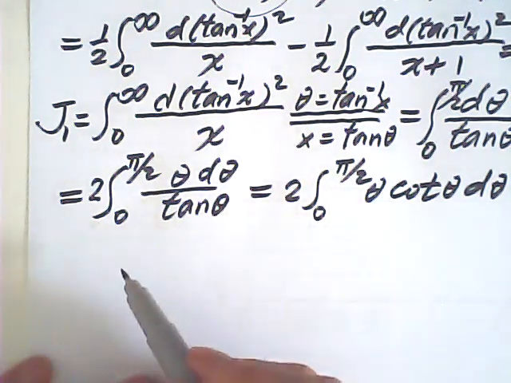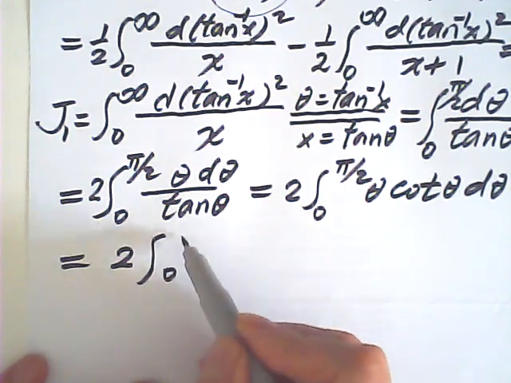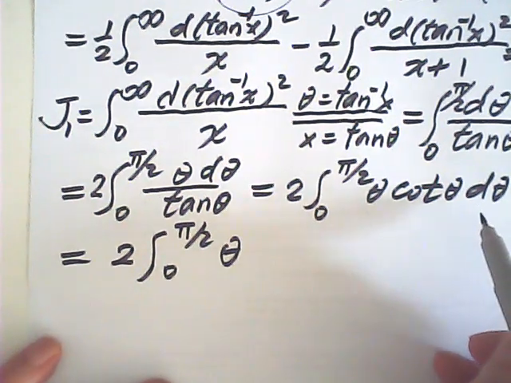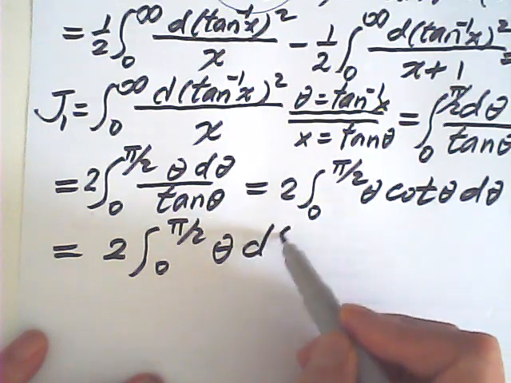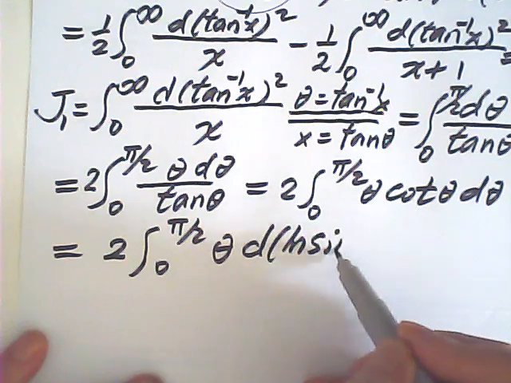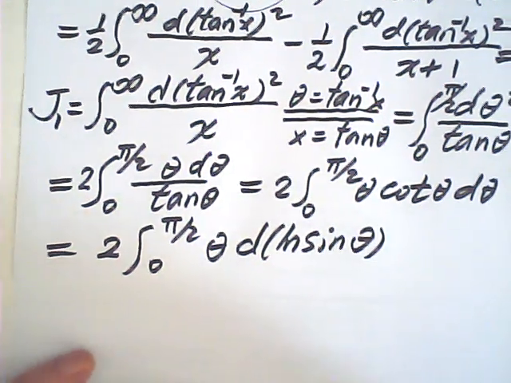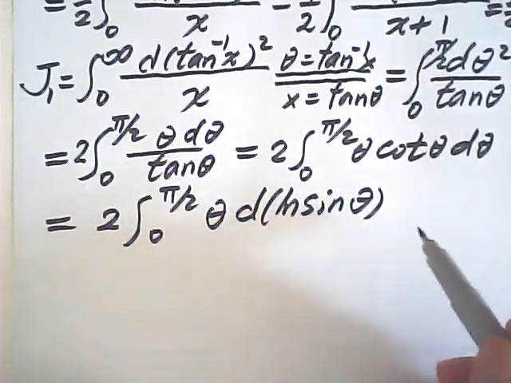Yeah, this will be equal to the integral from 0 to half pi of theta times cotangent theta d theta, where cotangent theta d theta is d log sine theta. Now I can use integration by parts, right?